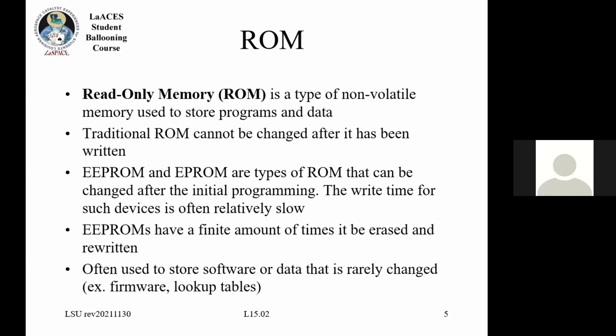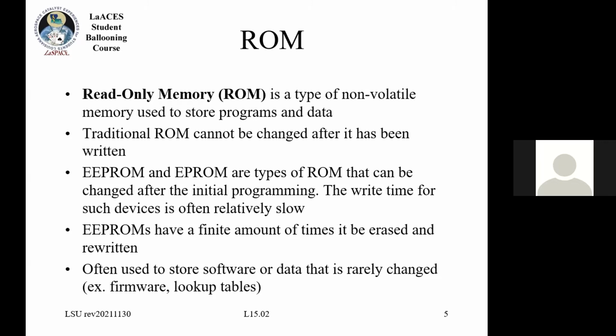A term that you will hear is ROM, which is read-only memory. You used to see that more often with CD-ROM, right? It means it's memory that is for storage, and the idea is that it's a fixed storage.